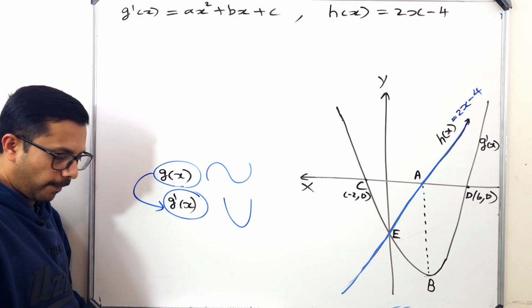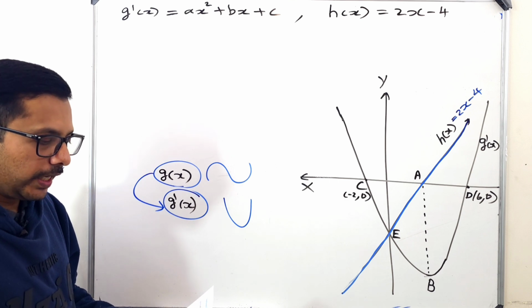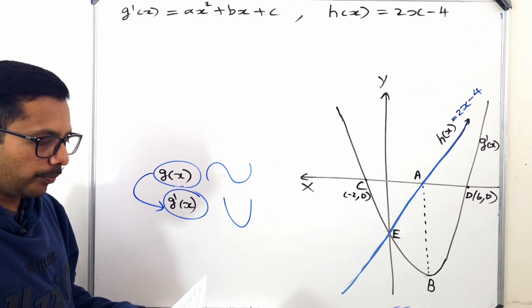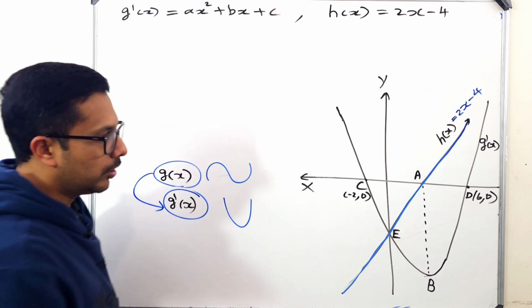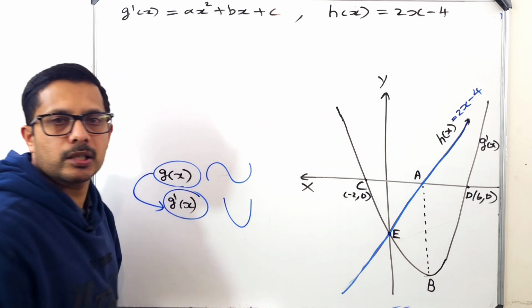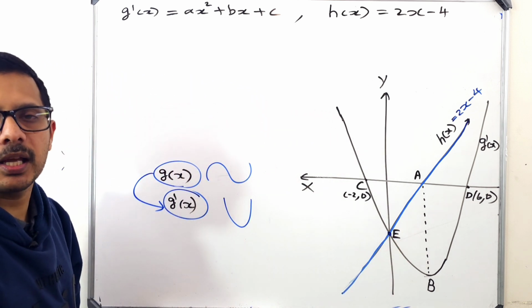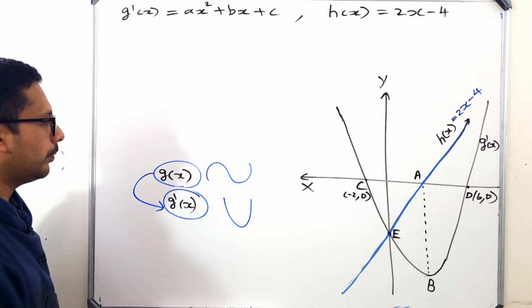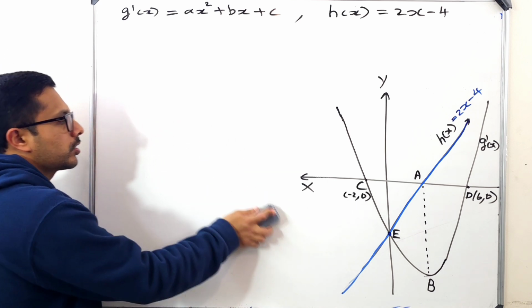Do you understand? Okay, now the graph of h and g dash have a common y-intercept at the point E. So they are saying that this one is the common y-intercept of this g dash of x and h of x, g prime of x and the straight line graph.